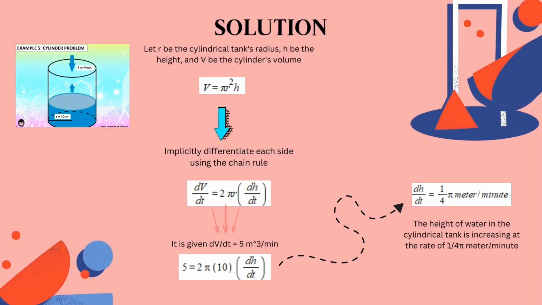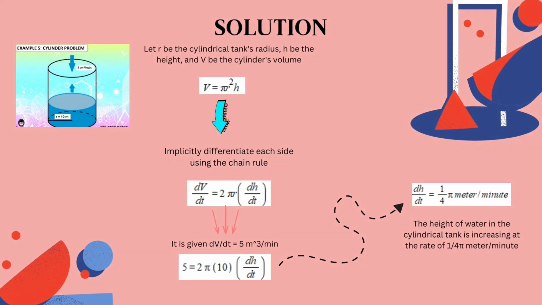It is given dV/dt equals 5 cubic meters per minute. Substitute the given rate of change in volume and the tank's radius and solve for the increase in height dh/dt of the water. So, it will be 5 equals 2 pi times 10 dh/dt.